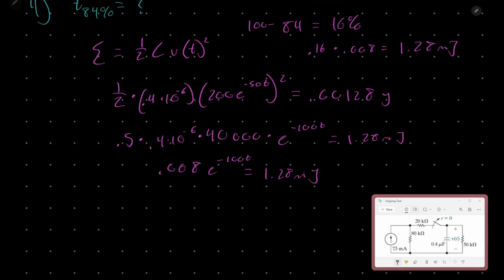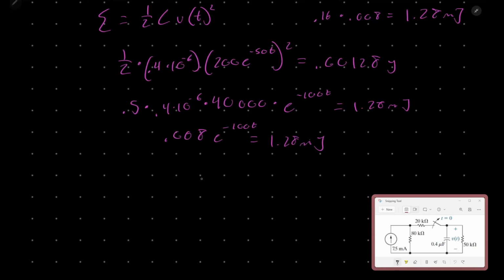Then we divide by 0.008 on both sides. And we get 0.16. So e to the negative 100t is equal to 0.16.